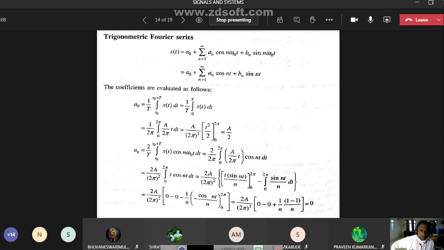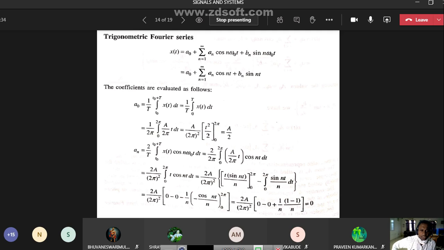Here the first function is t, integration of the second function, cos, integration is sin nt by n, and the limits are 0 to 2 pi, minus integral derivative of the first function and integration of the second function. What is the derivative of t with respect to t? 1 you will get, integration of the second function, then again you integrate it, second time you have to integrate it.